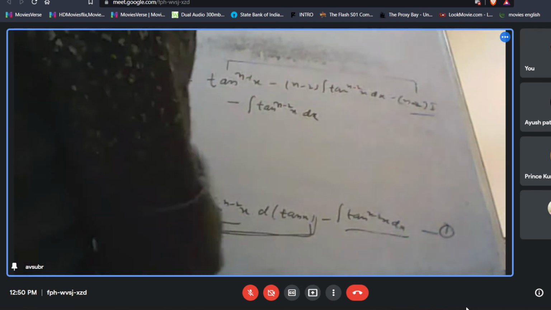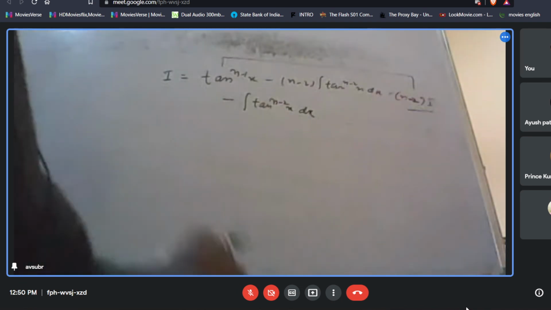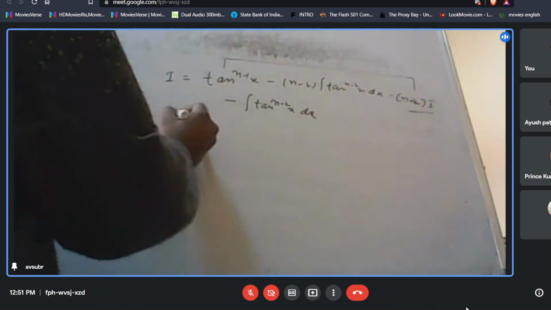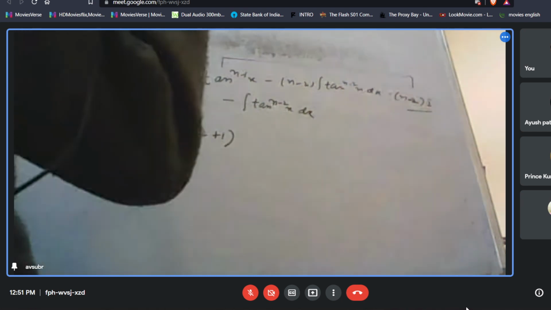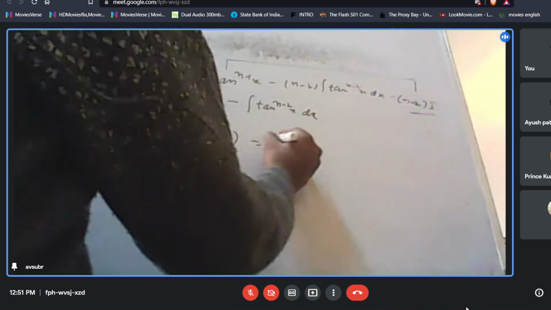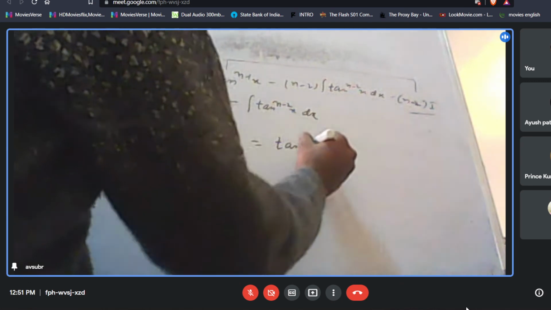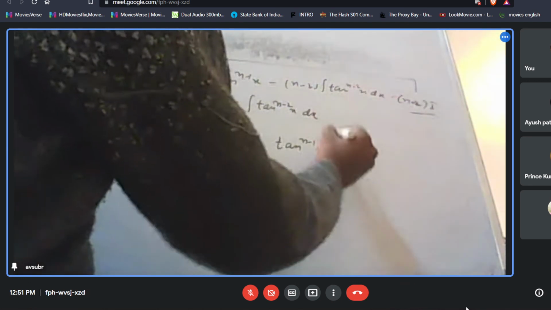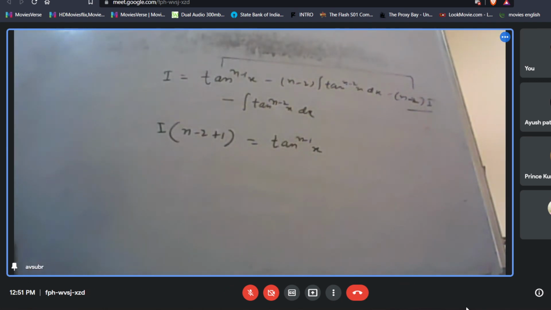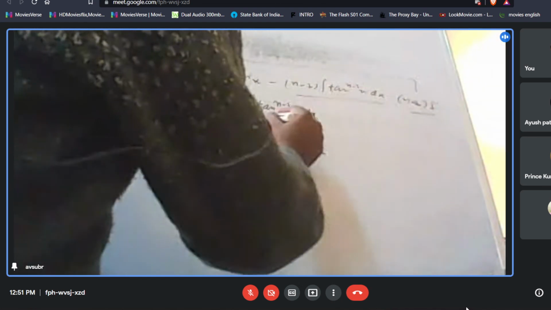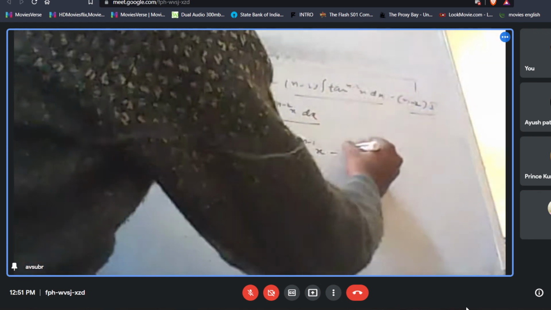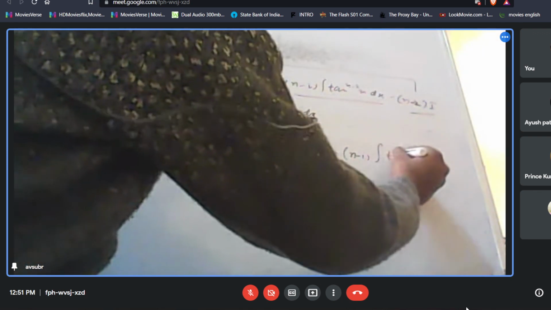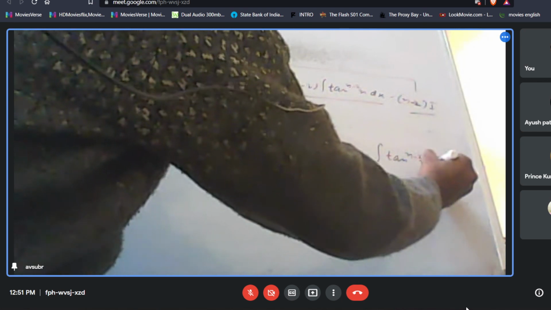So now what are we going to get? I am going to get I n minus 2 plus 1 equal to 10 to the power n minus 1x, and this we will get n minus 2 plus 1, so it means minus n minus 1, 10 to the power n minus 2x.